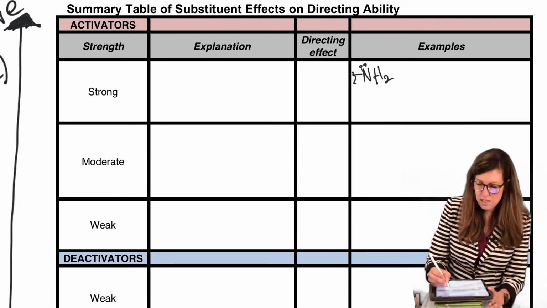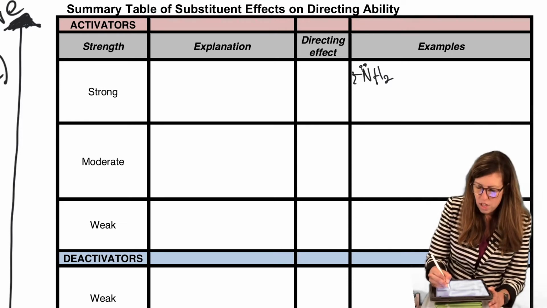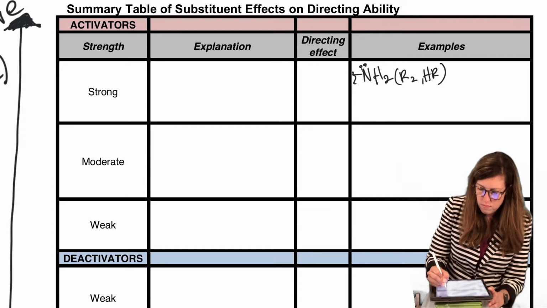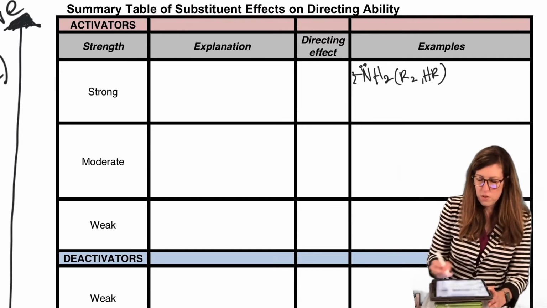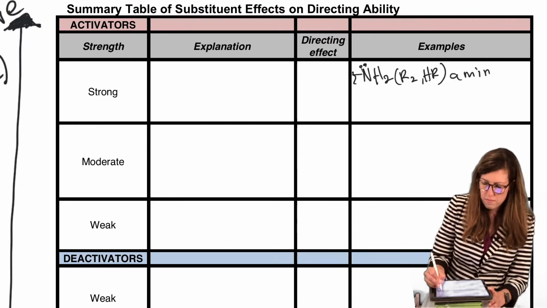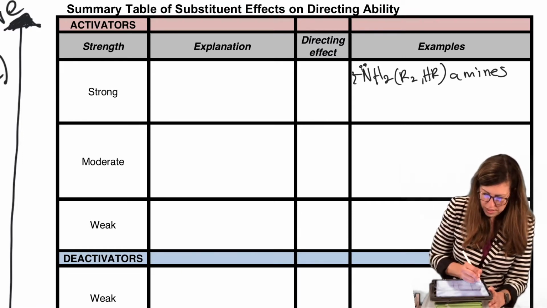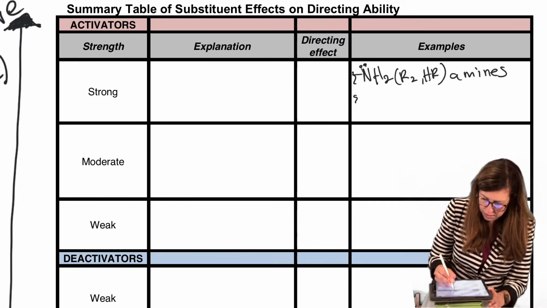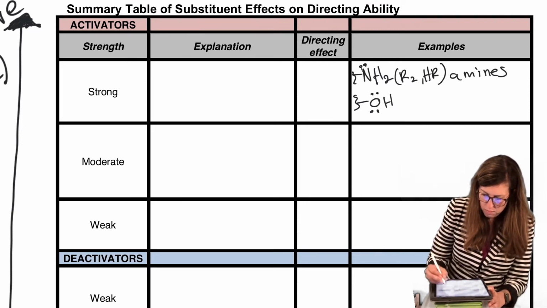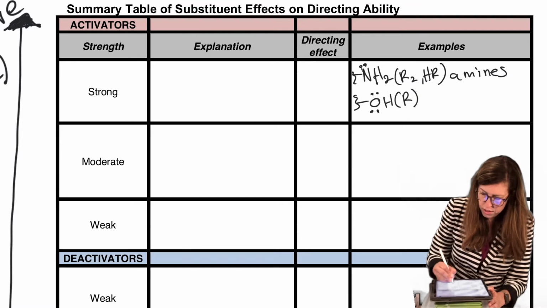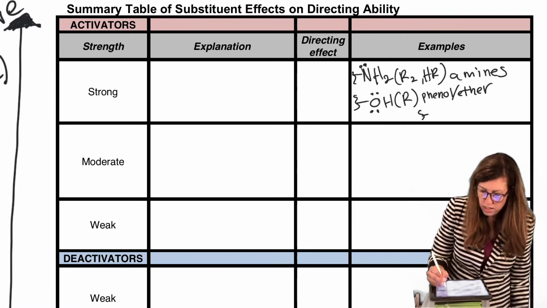NH2 amines, as well as NR2, or NHR. So the amines. The squiggle means that's the point of attachment to the benzene ring. So it's directly attached. Alcohol, phenol, or ether. Phenoxide, even more so.